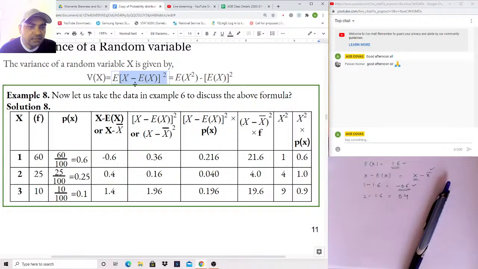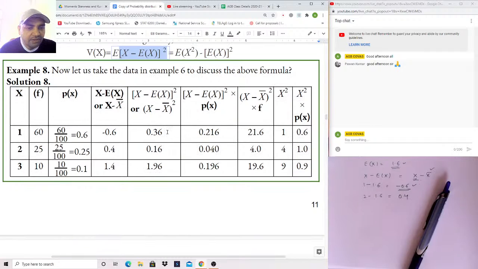Yes, but first, if this is the variable, then for expectation we have to multiply this with the probability, isn't it? So when we will be multiplying this 0.36 with 0.6, we will be getting 0.216. Then we have to multiply this 0.16 with this 0.025. So we will be getting these values.